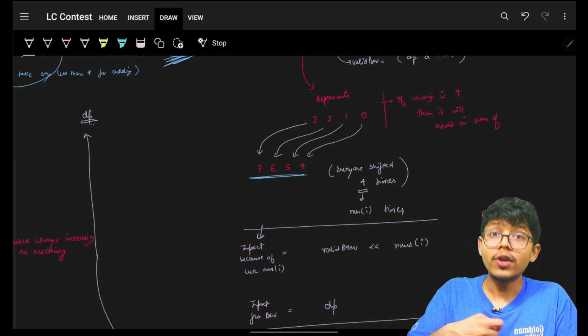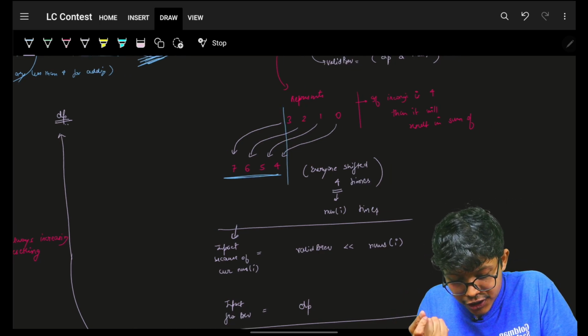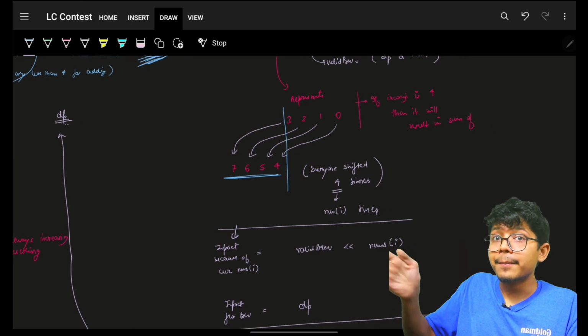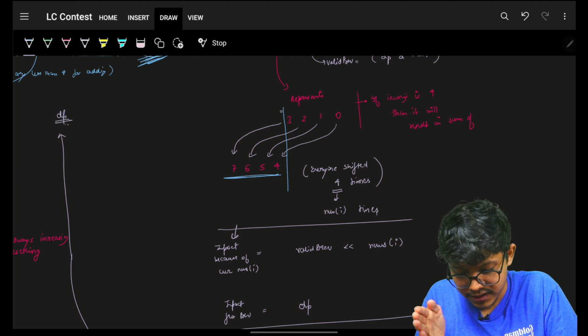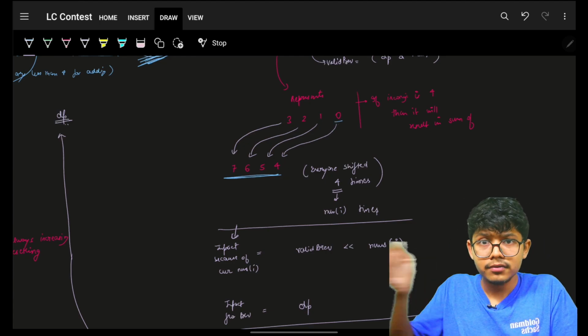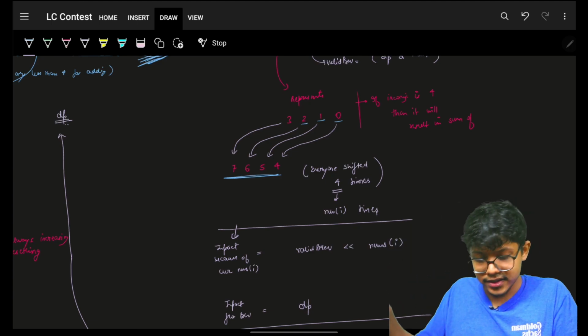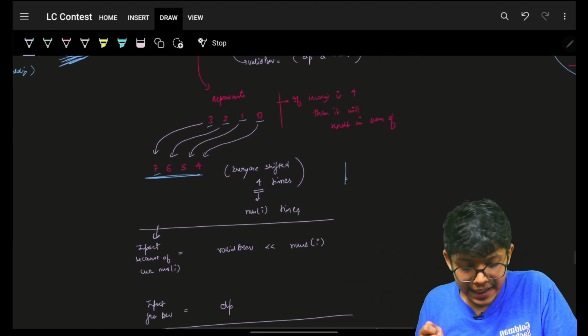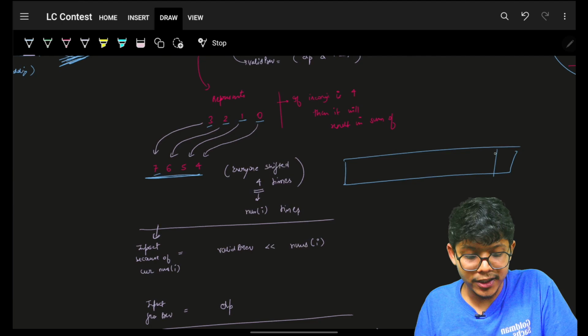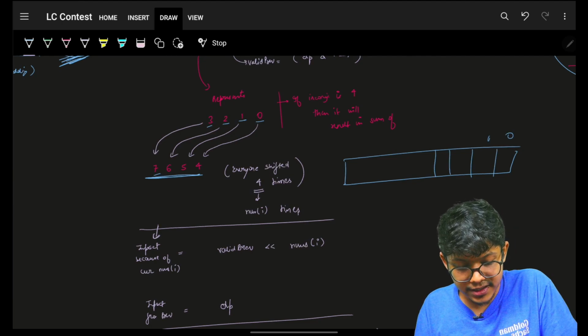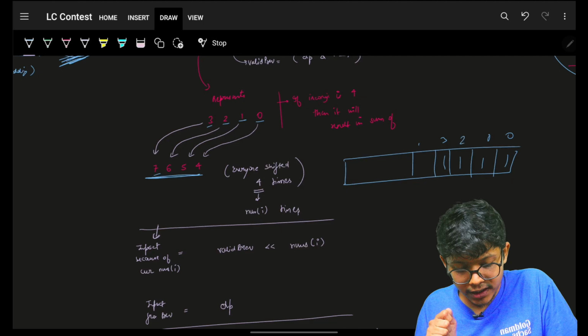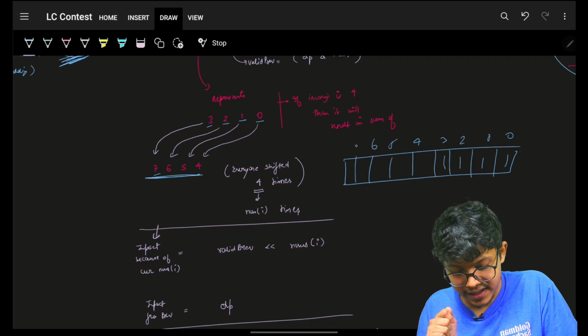What I did, I simply shifted all of them by 4. Because see, 0 shifted, it came to 4. 1 shifted, it came to 5. 2 came to 6. 3 came to 7. So in my bit set value, when I had my 0, 1, 2 and 3, I had 1, 1, 1, 1. I simply told, okay, 4, 5, 6 and 7.